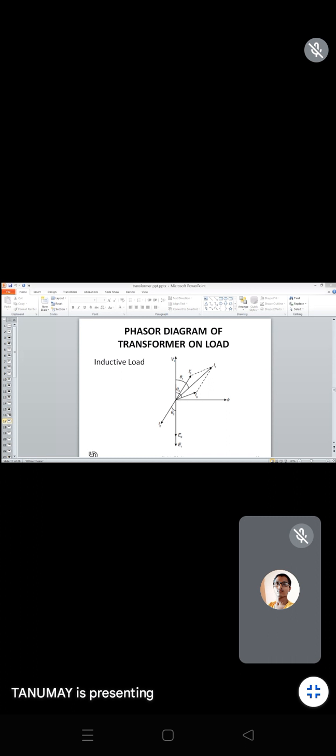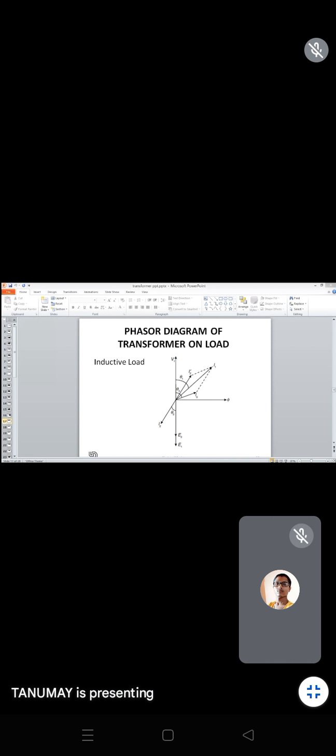Similarly, this magnetic flux phi will try to produce an EMF over the primary side and secondary side. That's why the direction of E2 and E1 will be in reverse direction. Why? As this angle is 90, the angle between phi and E2, E1 will be 90, as E2 and E1 are produced by this phi.